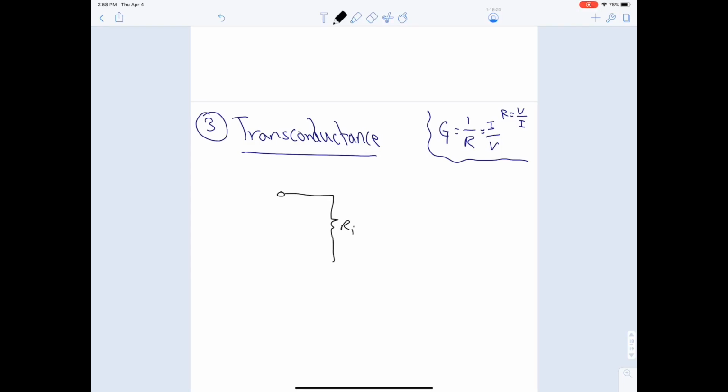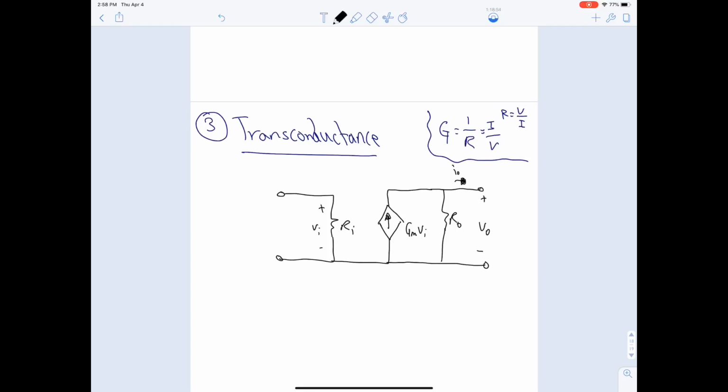I have an Ri in here, Gm Vi, Ro, and V output in here. This is I output. This is V input.